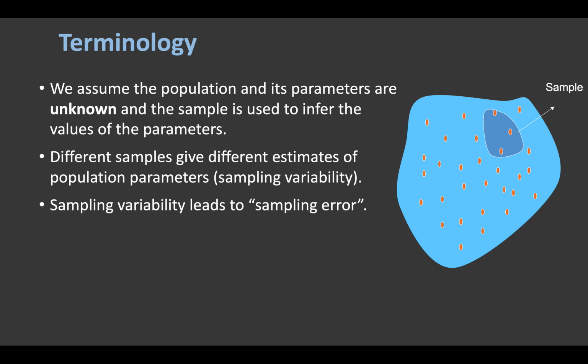So it's important to understand this variability. The sampling variability can lead to sampling error, but error doesn't mean it's wrong. Here, error just means how far we might be from the truth. As long as we can quantify and control the error, the sampling is still valid. It still gives us important information, right? That is something we're going to talk about in the class.